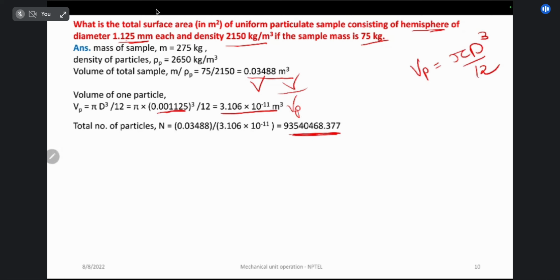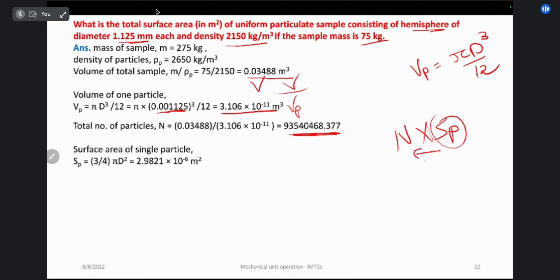After that we need to find the surface area. Before that, we need to find the surface area of a single particle, and then we can do the calculation n into Sp, where the single particle surface area is multiplied with the total number of particles, and then we will get the total surface area.